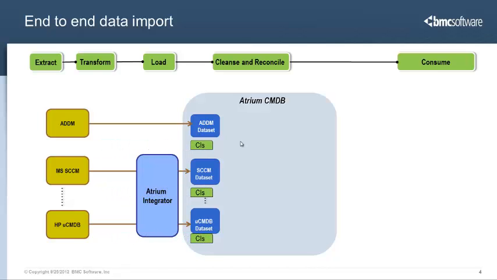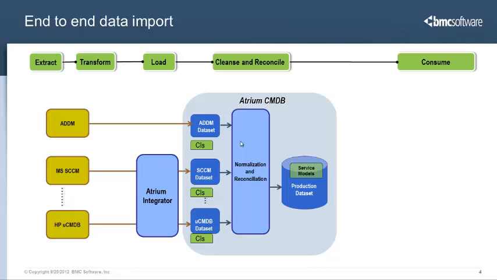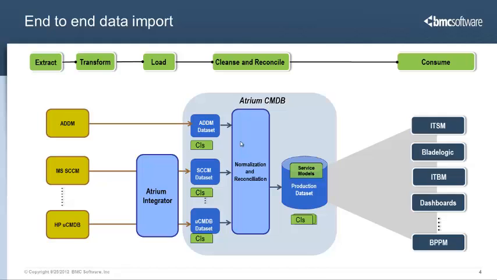Let's say SCCM CIs or CIs in UCMDB are moved using Atrium Integrator into the respective data set, and then the processing of normalization and reconciliation takes place to create a single source of truth for these service models, and then these service models are ready for consumption by each of the applications like ITSM or BladeLogic or BPPM.